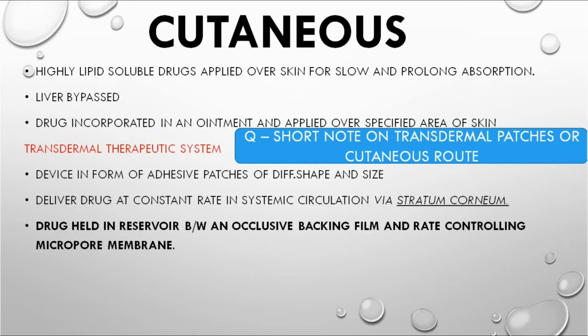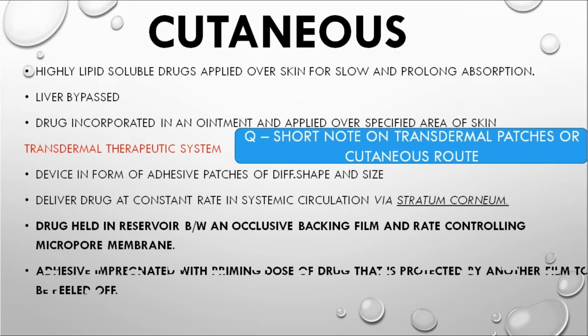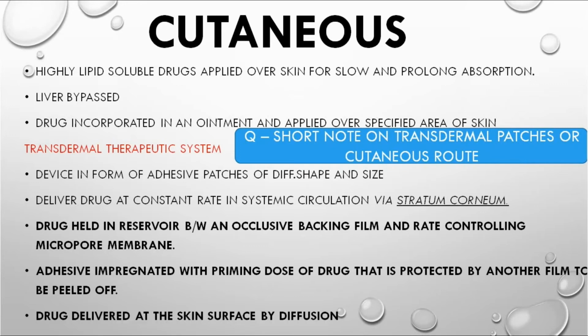The drug is held in a reservoir between an occlusive backing film and a rate controlling micropore membrane. The adhesive is impregnated with a priming dose of the drug that is provided by another film to be removed. By diffusion, the drug is delivered at the skin.